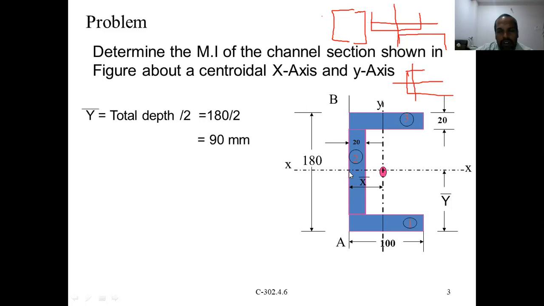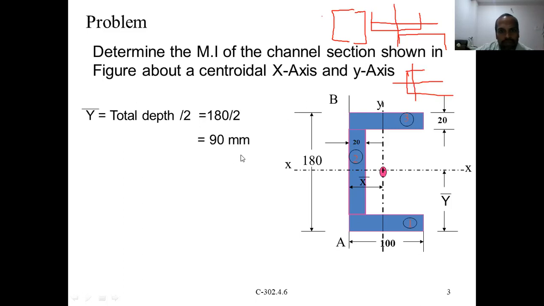Where we are cutting is exactly the equal half. That's why we use 180 by 2; only if you cut exactly in the middle, at half the depth, will it be symmetric. In this case, 180 by 2, 90.